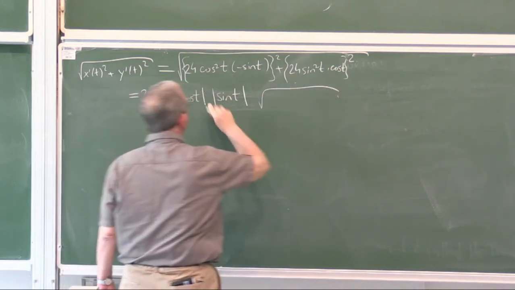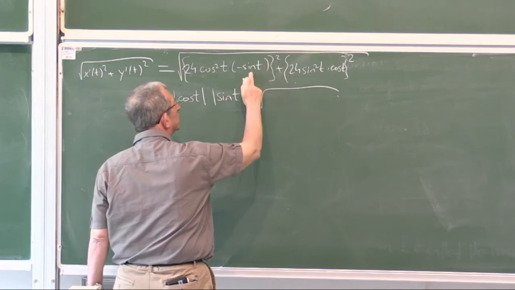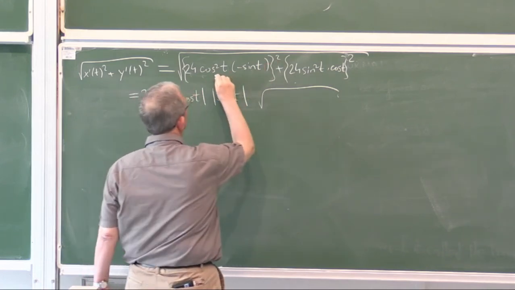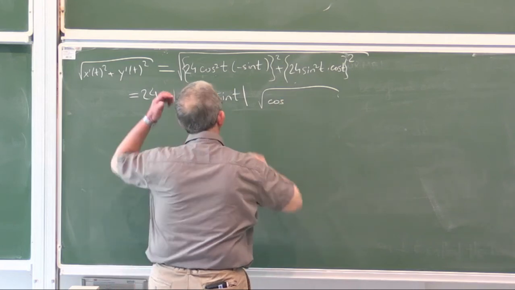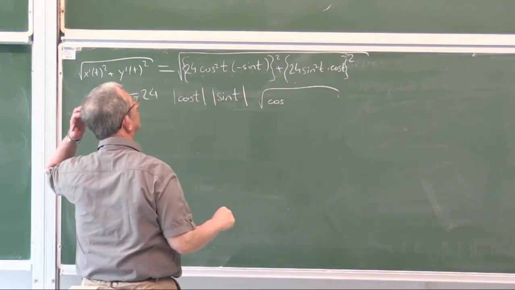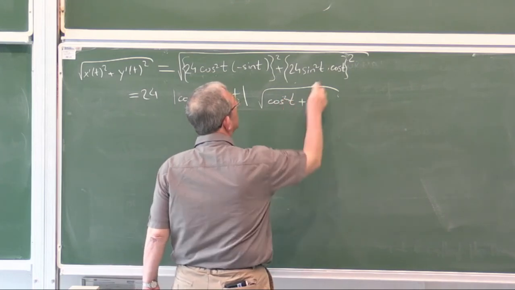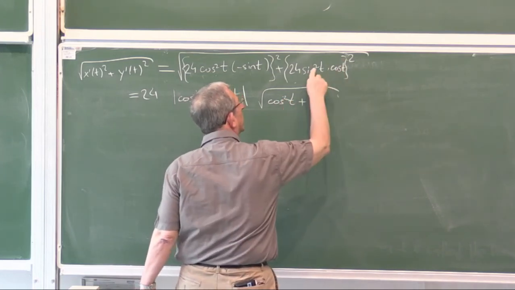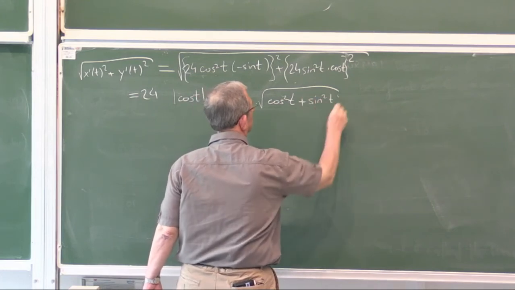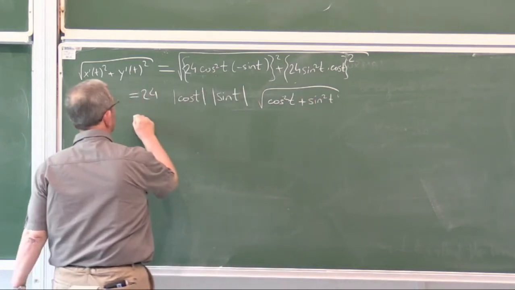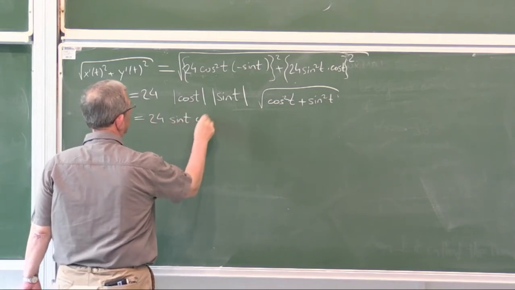So you have the square root of cosine square t times, here you take cosine square and one sine square, so it is sine square t, so it is 1. So this is nothing but 24 sine t cosine t.